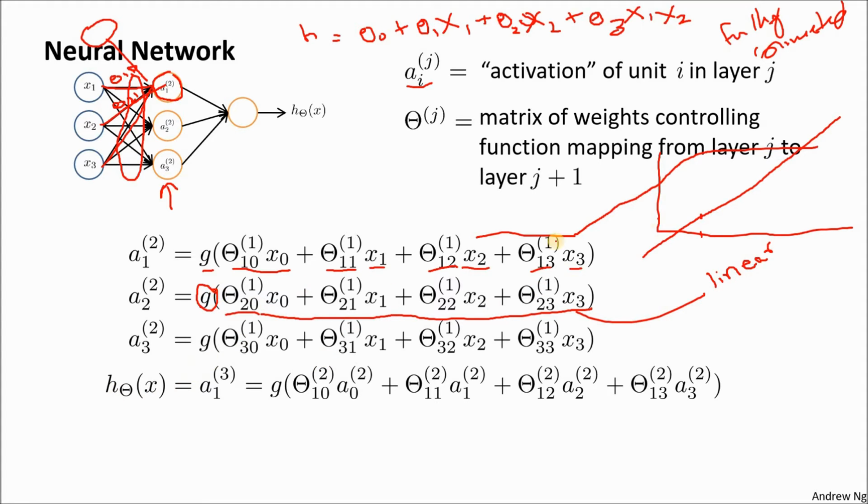Similarly here, but the sigmoid's behavior is not linear, it's different. As you increase the value of x, it slowly becomes close to 1 and then it's fixed. So that's why the layers over here, and each node in the layer, are not linear.